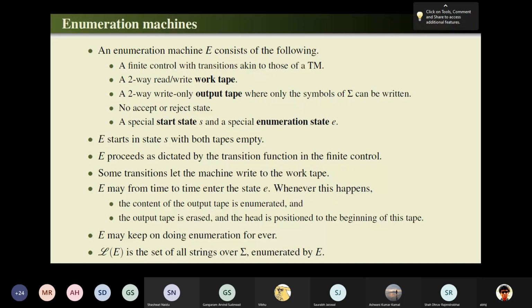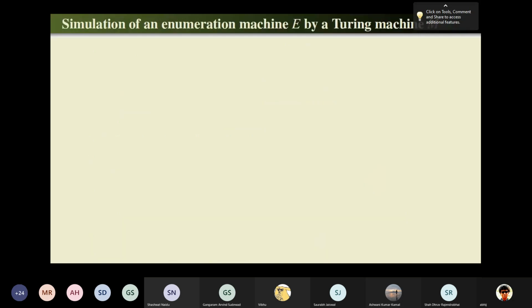Then make another pass and write as many C's. And then you go to the enumeration state. So one particular a^n b^n c^n is enumerated. Then you go to the work tape and just append another one. So next time you will enumerate a^(n+1) b^(n+1) c^(n+1), and keep on doing this forever. So that's an example.